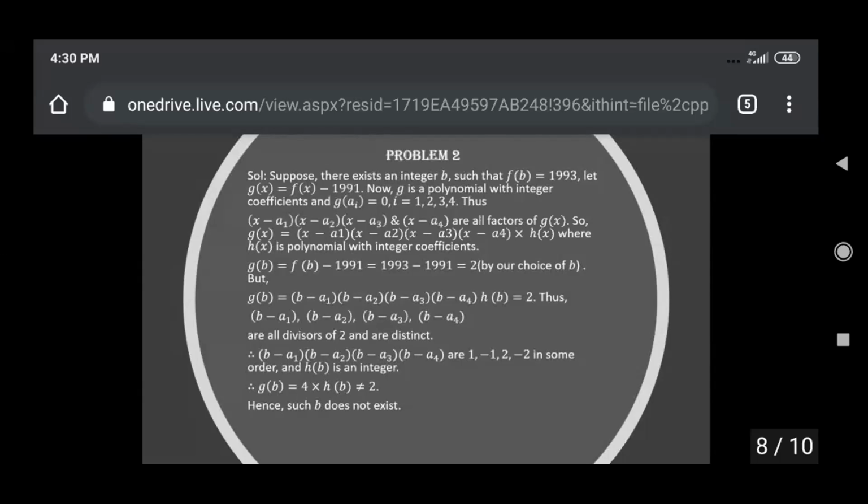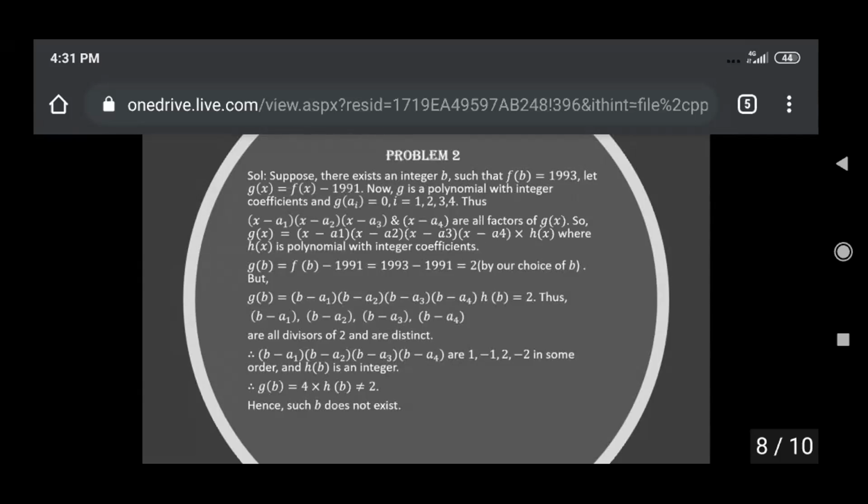This is because g of a1 is f of a1 minus 1991, and since f of a1 is 1991, 1991 minus 1991 is 0. Similarly for all of 1, 2, 3, 4.